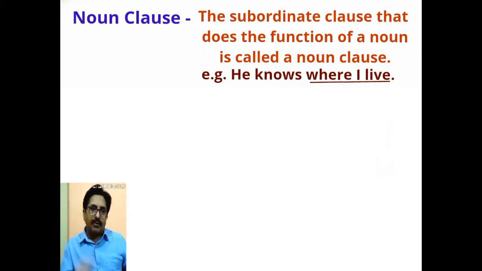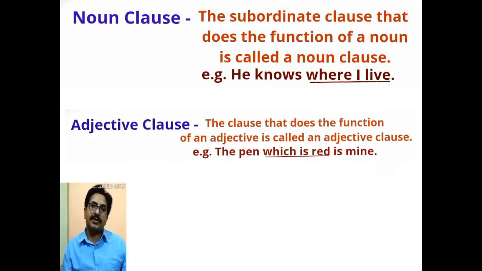A noun clause, the clause that acts as a noun in a sentence, is called a noun clause. Very simple. The clause that does the function of a noun in a sentence is called a noun clause. And then adjective clause, which can also be called relative clause.